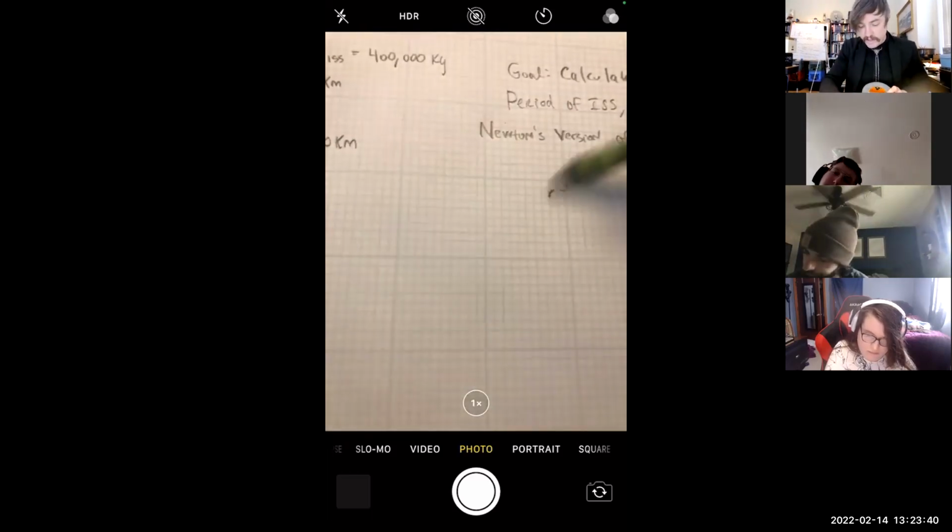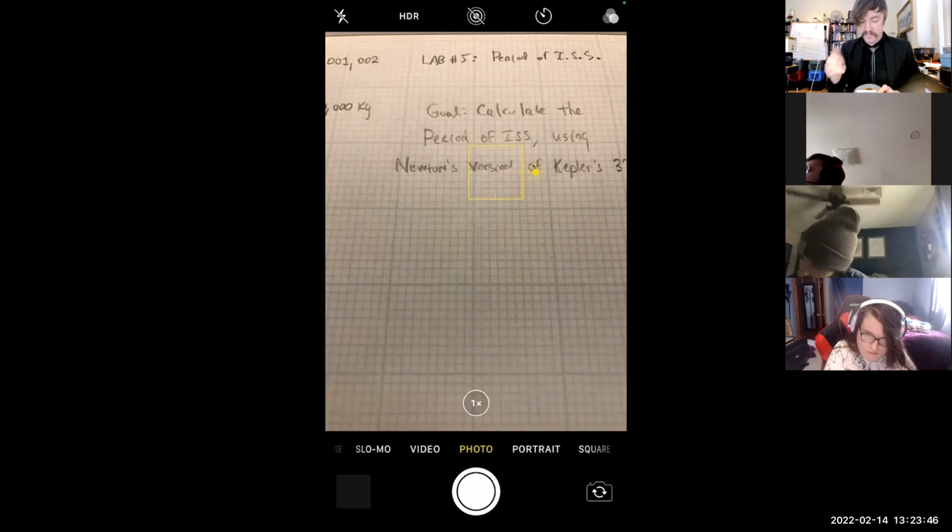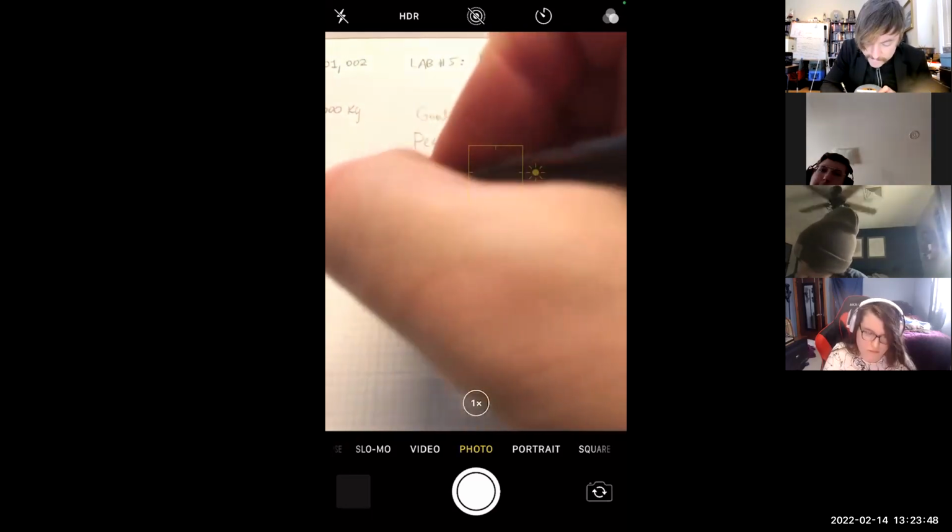And Newton's version of Kepler's third law goes like this.